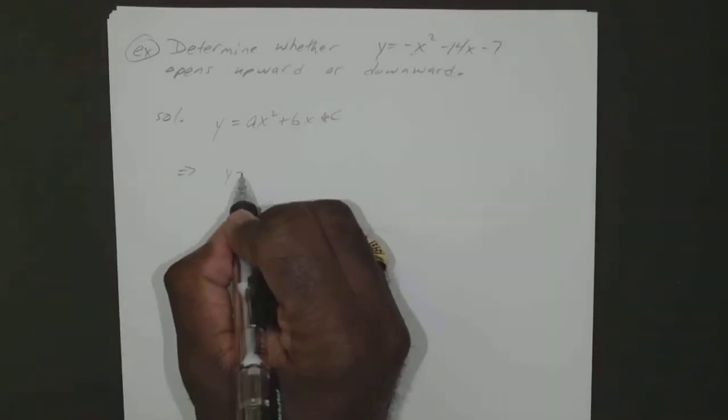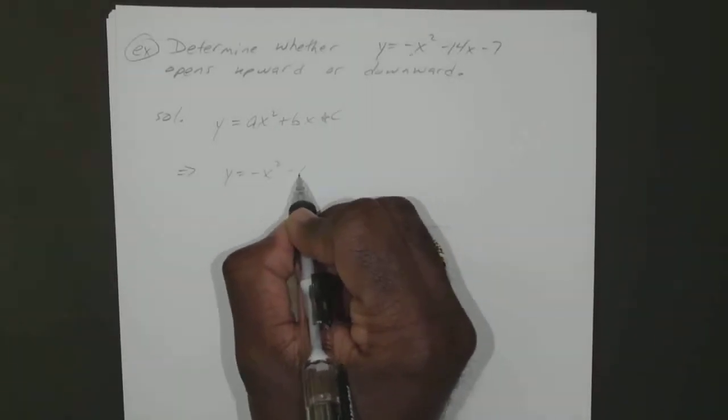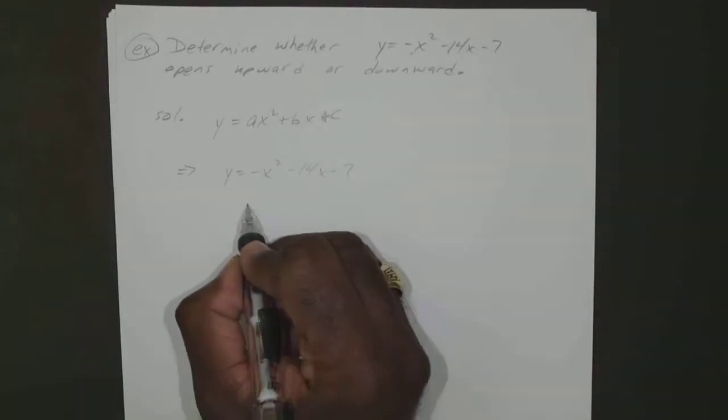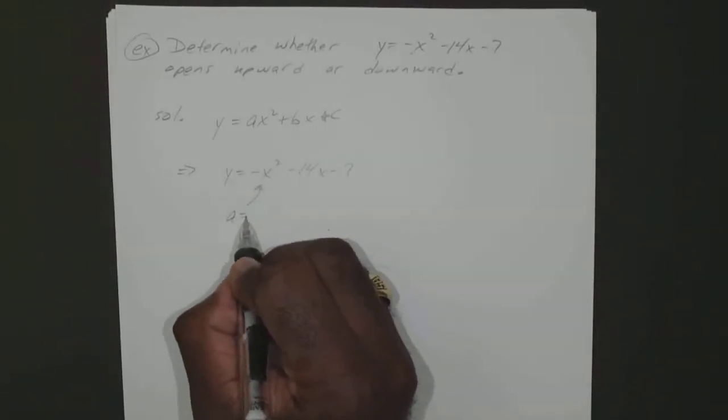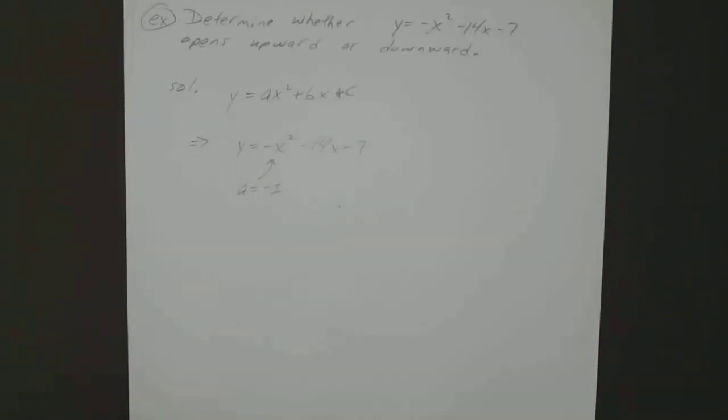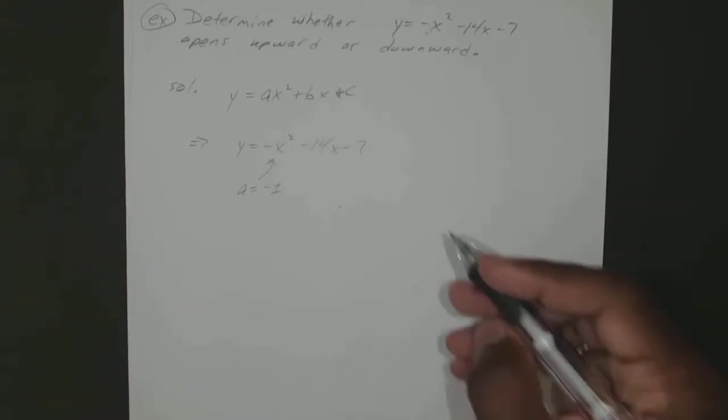So if you have y equals negative x squared minus 14x minus 7, in this case your a is equal to negative 1. So since it's less than 0, you know it's going to open downward.